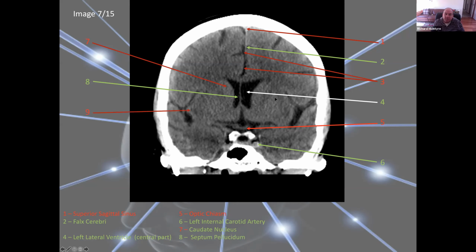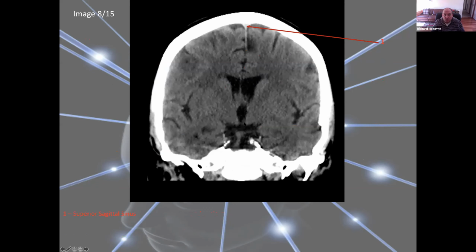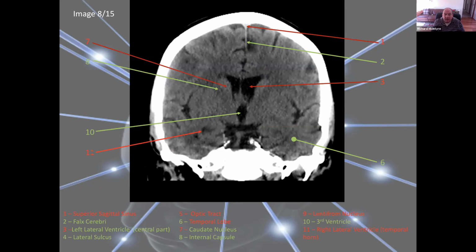Septum pellucidum, left and right ventricles. Whizzing through the brain, third ventricle. Okay, so we're seeing the CSF coming from the lateral ventricles down into the third ventricle.